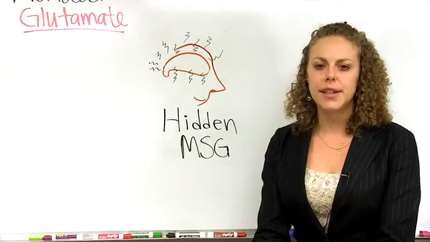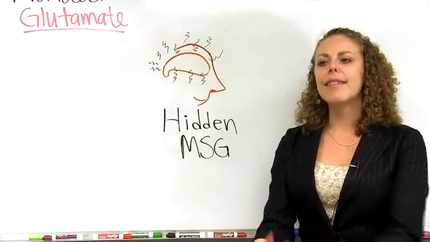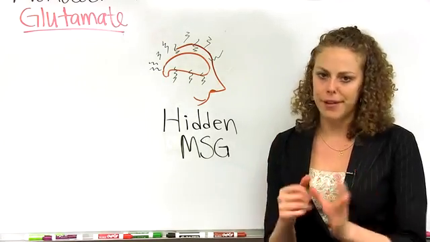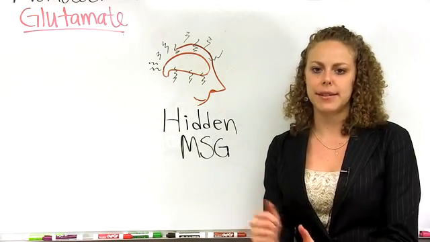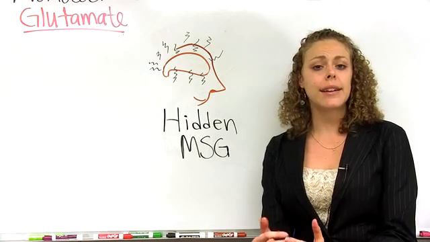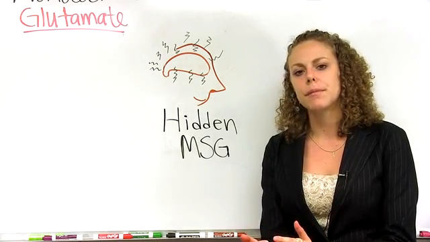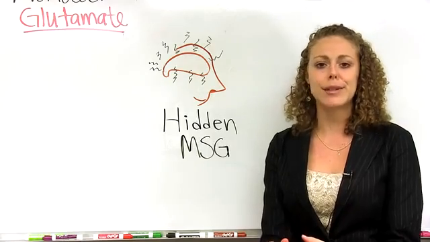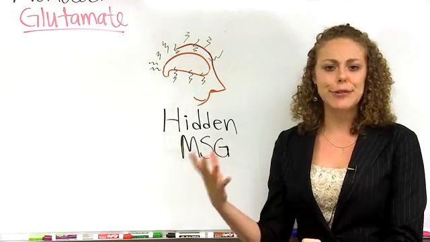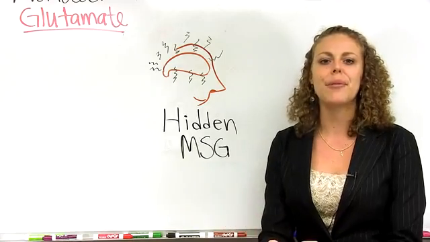The other thing you need to know is that it's not the monosodium part of MSG that's the problem, it's the refined glutamates. And glutamates can come in many different forms. There's disodium glutamate, potassium glutamate, calcium glutamate, and even just free glutamates all by themselves.